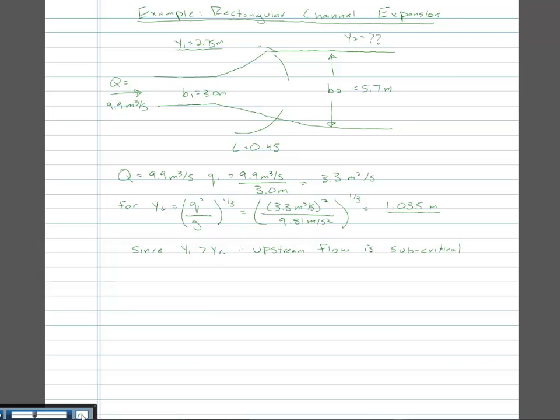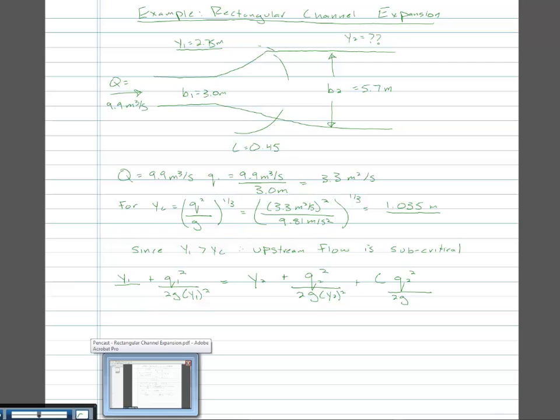Alright, now if we substitute it into the specific energy equation where the conditions at 1 are equal to the conditions at 2 plus the loss, what we have is that y1 plus q1 squared divided by 2g y1 squared is equal to y2 plus q2 squared divided by 2g y2 squared plus c q squared divided by 2g y2 squared.